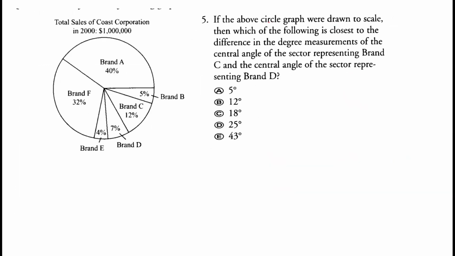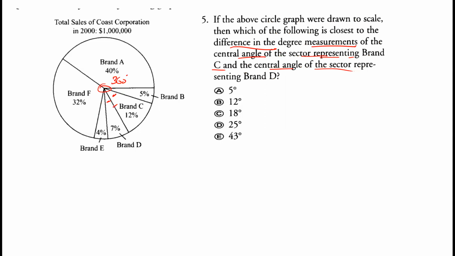Question 5. If the above circle graph were drawn to scale, then which of the following is closest to the difference in degree measurement of the central angle of the sector representing brand C and the central angle of the sector representing brand D? So this is brand C and this is brand D. In a circle, we have 360 degrees.